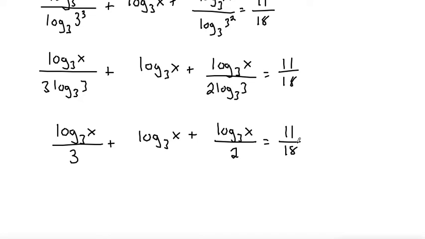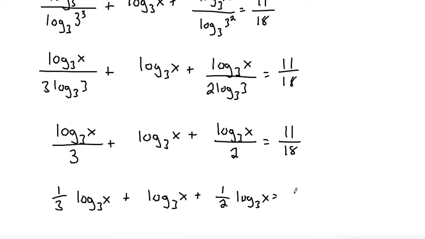Okay, from here, let's put our divided by number as a coefficient in the front to make this 1/3 log base 3 of x plus log base 3 of x plus 1/2 log base 3 of x is equal to 11 over 18.